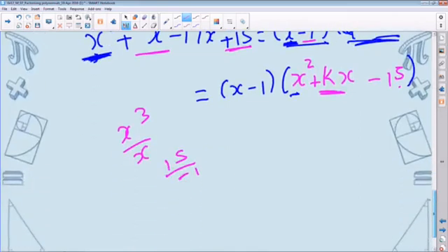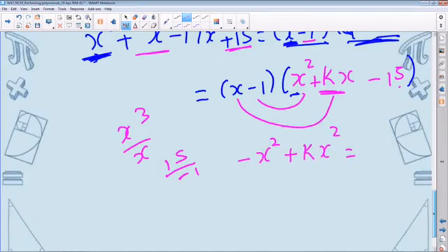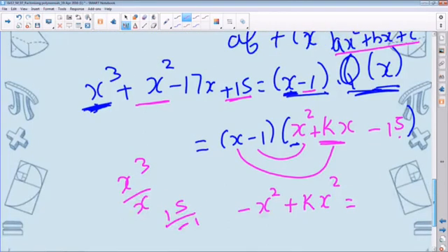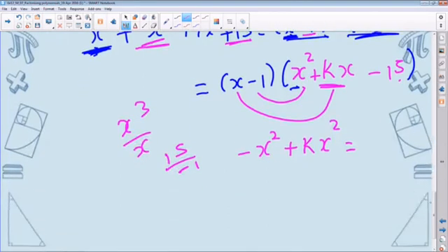Well, I would simply multiply the minus 1 by the x squared, which gives me minus x squared, and then I would need to multiply x by kx, so it would be plus kx squared, and if I add that together, it needs to give me my x squared term. It needs to give me the value of that, which is 1x squared.